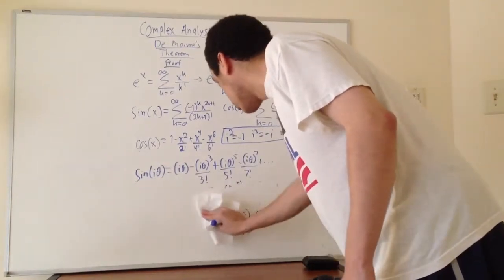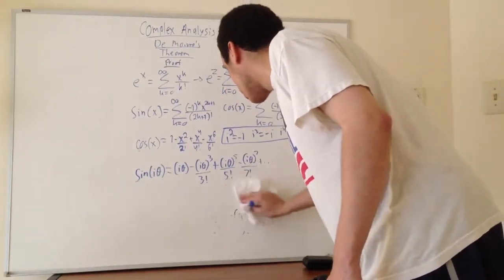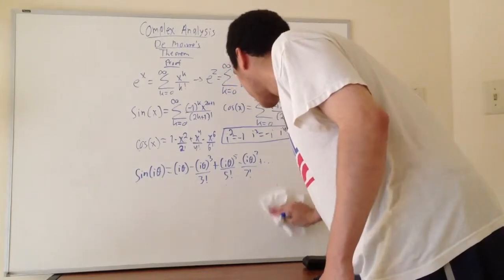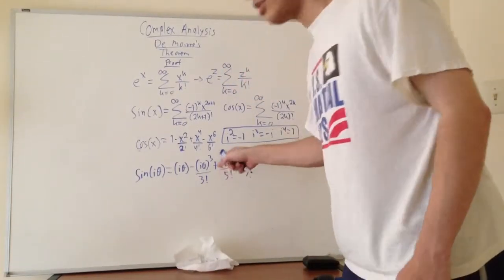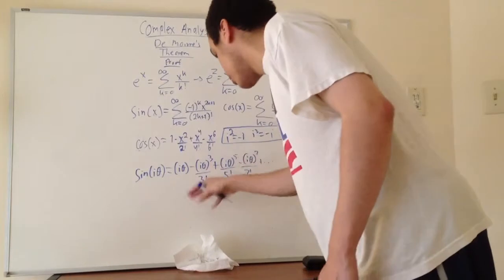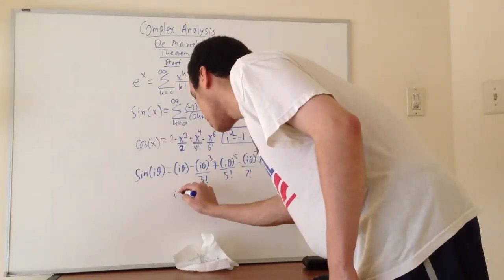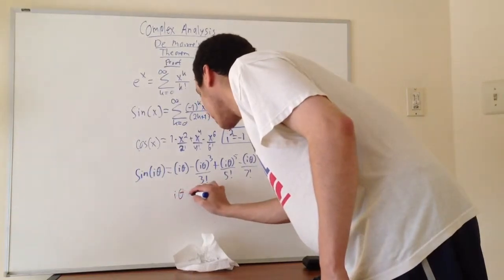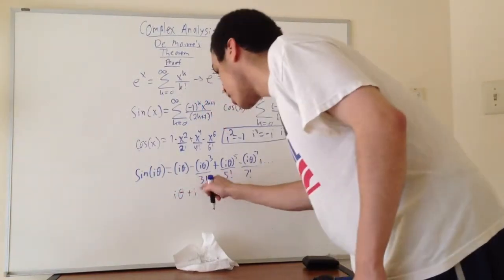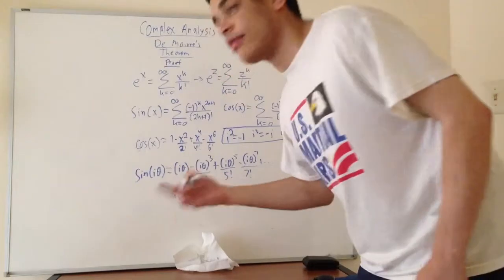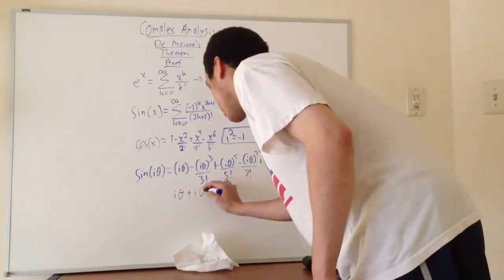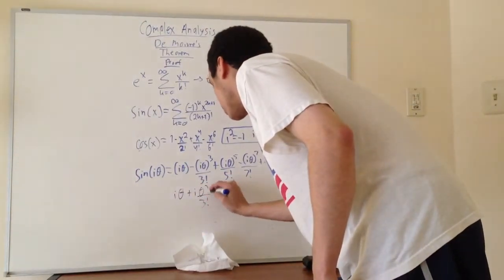I'm just going to basically do the exact same thing, and write it just a little bit neater. So here, like I said, getting rid of all this, I'm just going to skip to the part where I factor the i's out. So i theta, and then we have plus i, because -i cubed is just plus i, times theta cubed over 3 factorial.